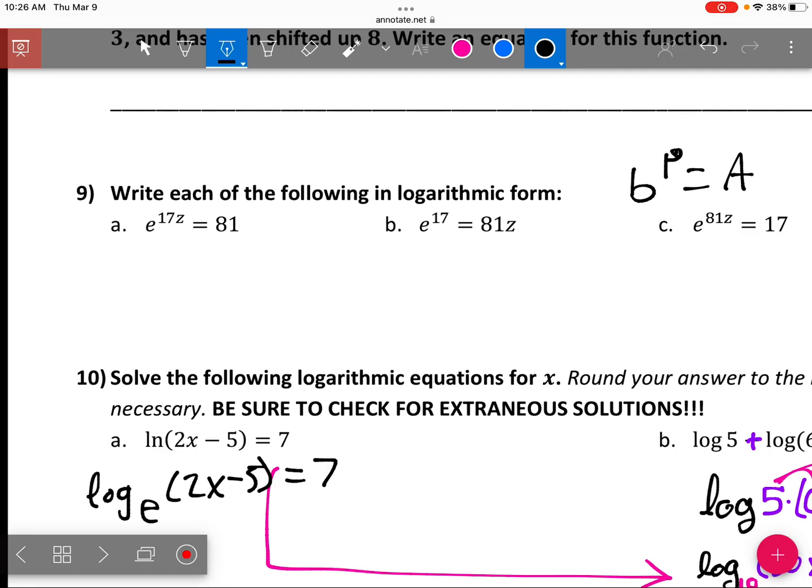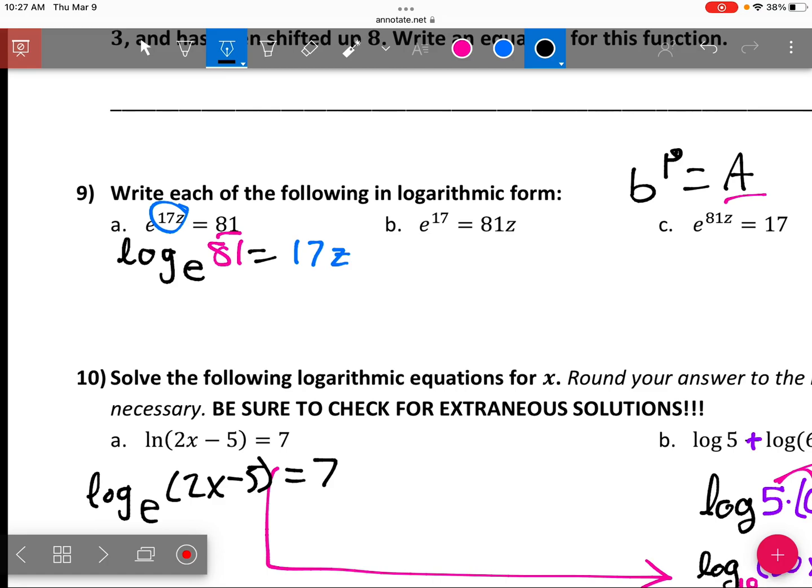So we'll go ahead and do A, because we're going to simplify it down. So our BPA log BAP, our base is E, so we're going to wind up with log base E of my argument, 81, equals that power, 17z.